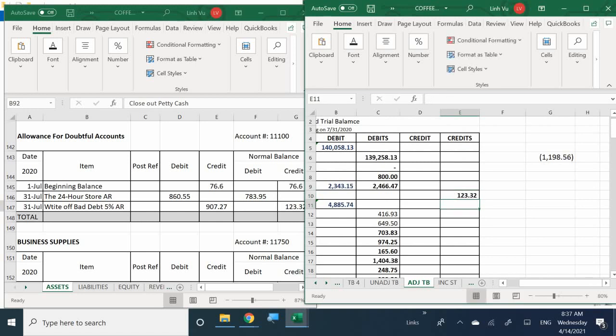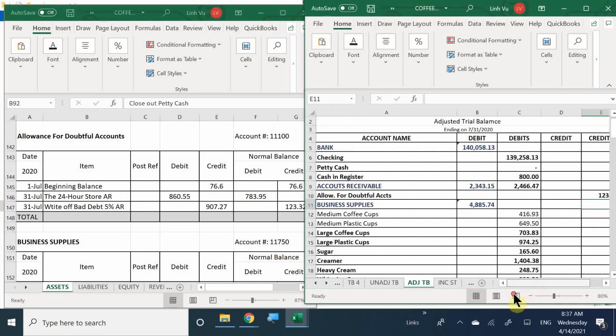So in this one, I've already attached the credit, or the allowance for doubtful accounts, to go against the accounts receivable. So I just added that number in, or the new number, and it automatically updated my accounts receivable.